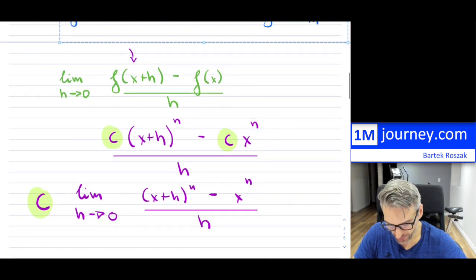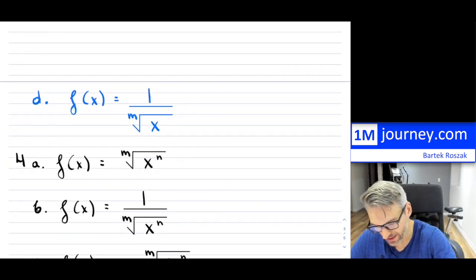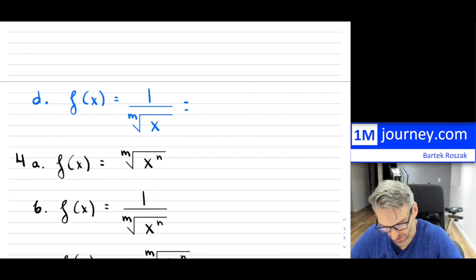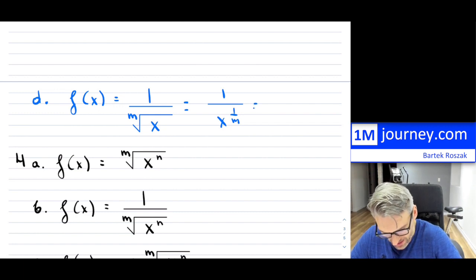So if you continue this, now I have done many of them. What happens if you have something like this? Now you can say, well, wait a minute, what does this actually mean? What this actually means is that I have 1 all over x to the 1 over m, which, because it's in the denominator, I can bring up to the numerator by exponent rules.